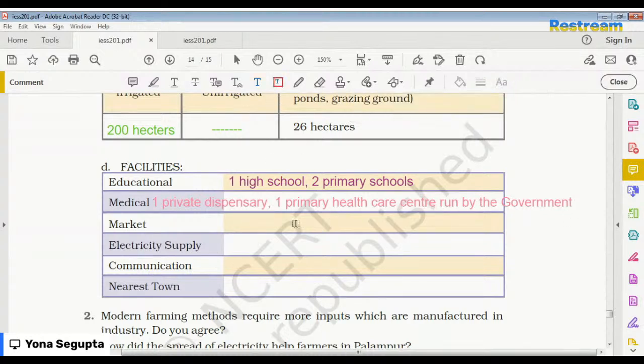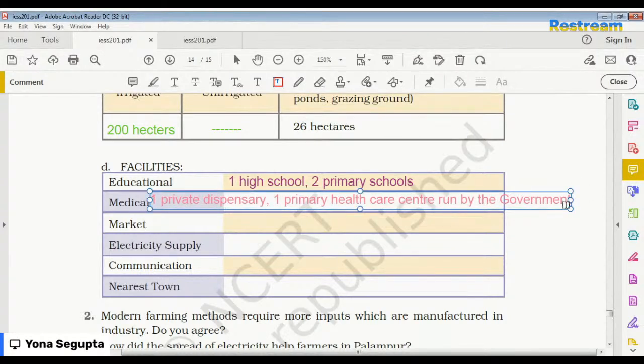Next, we move on to market. In Palampur, what is the status of the market? There are only two big markets, Raiganj and Shahpur. Now, you might be asking, where is Raiganj? At the very beginning of the chapter, we learned that Raiganj is a very big village, 3 kilometers away from Palampur.